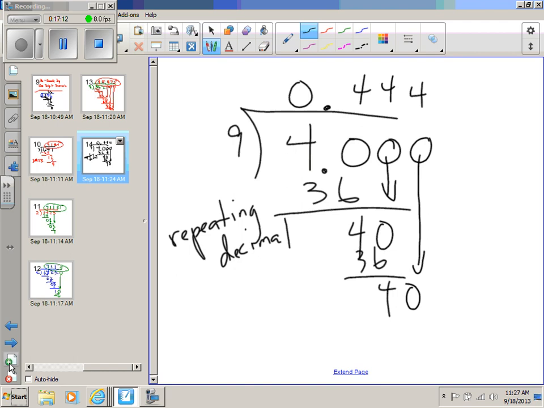What is actually repeating in this problem? Casimir. The 4. Good. If it's repeating, you don't have to say it 4 times. Your final answer would be 0.4. Then I put a bar over the top of it to let you know that that's the part that's repeating. Bar notation.